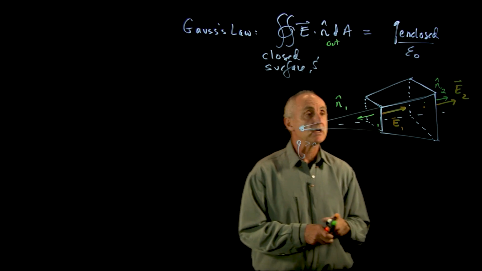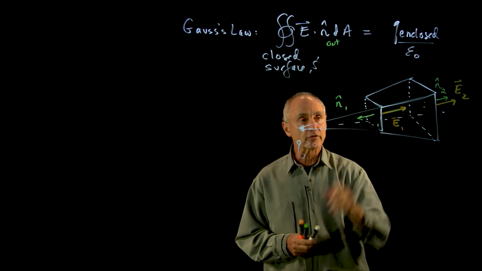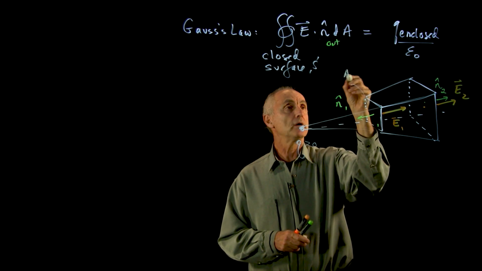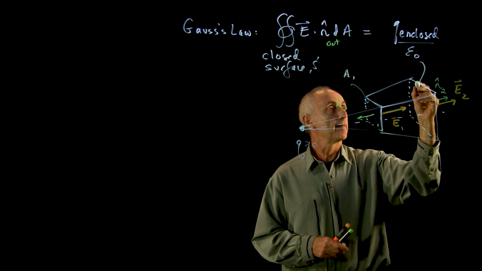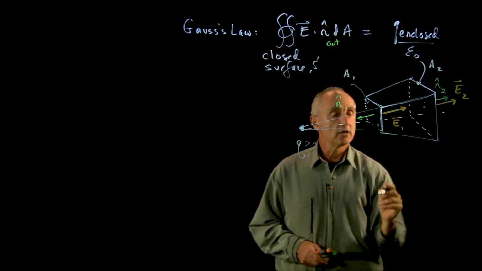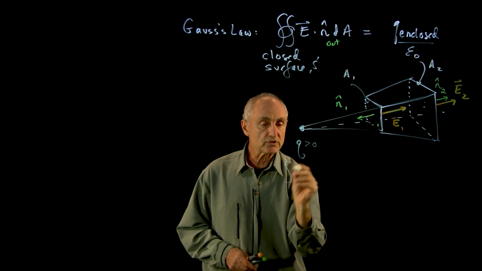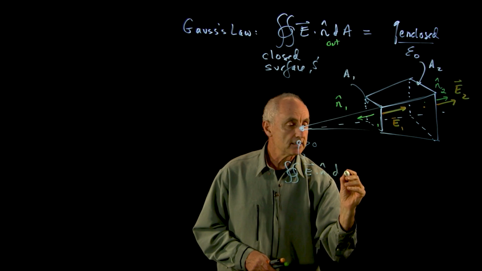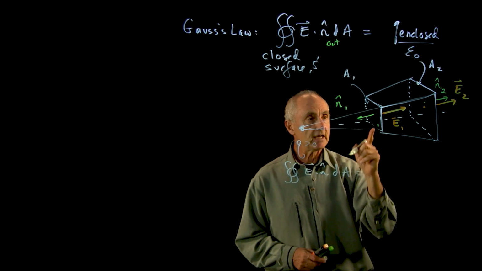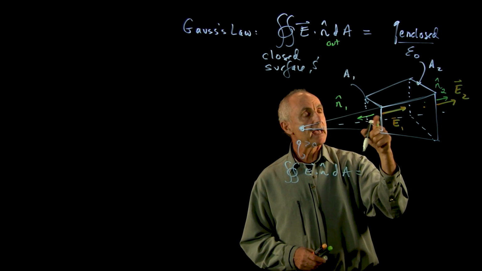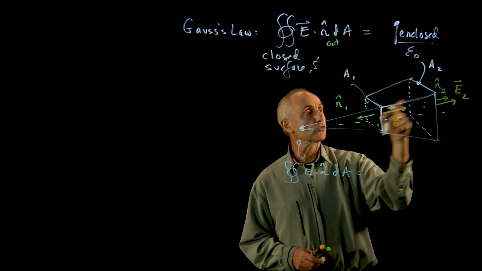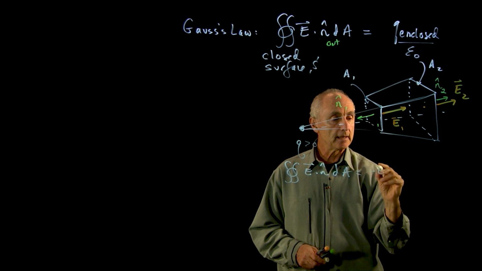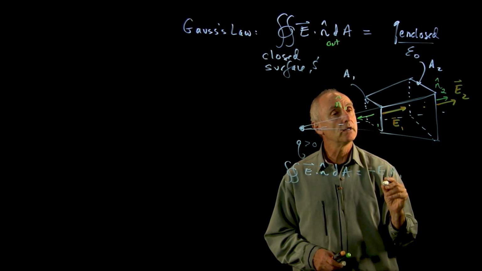So right away, we see that if we want to calculate the electric flux through these two areas, and let's call this A1, and this one is A2. So the electric flux through this particular closed surface, E dot n hat dA. Now here's the key thing. Because the electric field is antiparallel to the outward pointing unit normal in this closed surface, our first piece is minus E1 times A1.